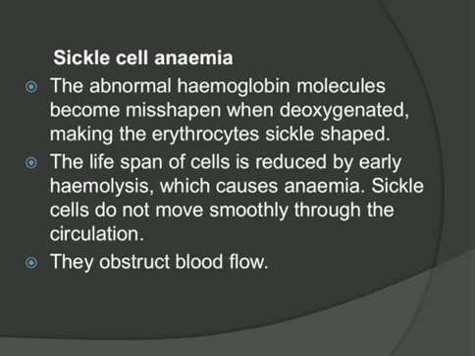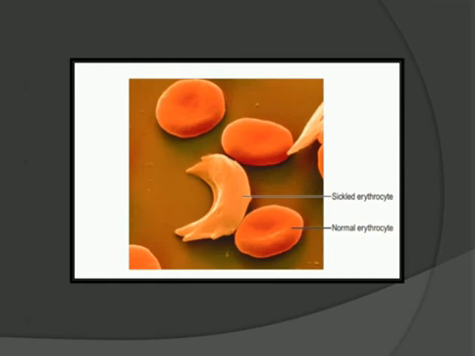As a result, the lifespan of the cell is reduced and it causes early hemolysis, which causes anemia. Sickle cells do not move smoothly through the circulation. They also obstruct the blood flow, leading to clotting. Now, this is an image of a sickled erythrocyte and a normal erythrocyte.